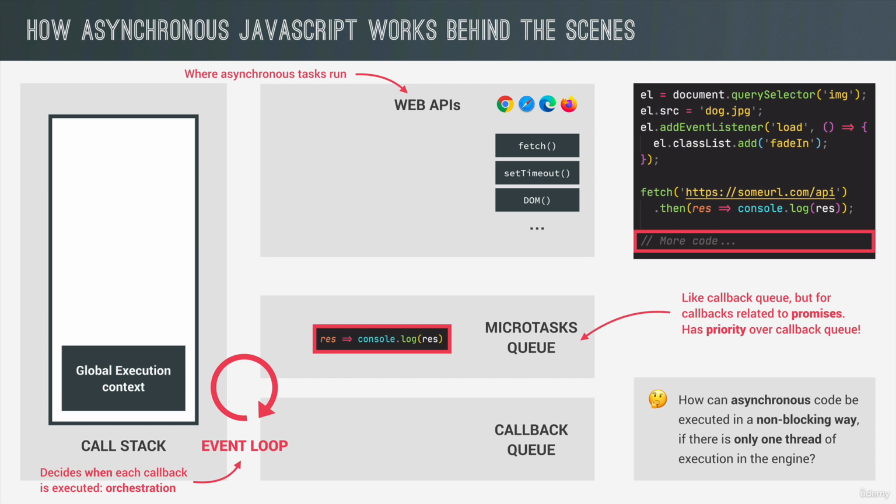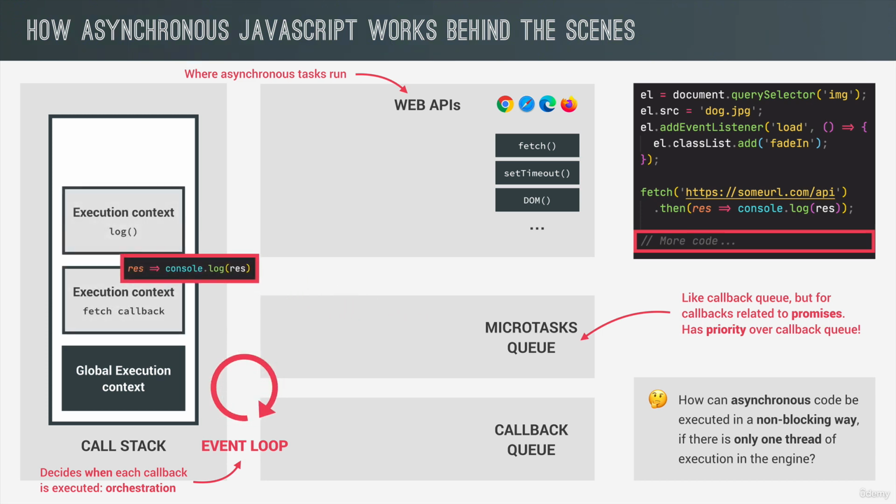So going back to our example, currently we actually do have a microtask sitting in the microtasks queue. The call stack is also empty, and therefore the event loop will now take this callback and put it in the call stack, just like it does with callbacks from the callback queue.